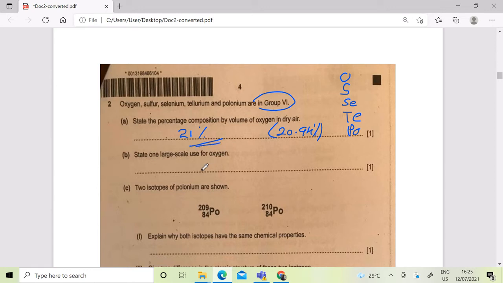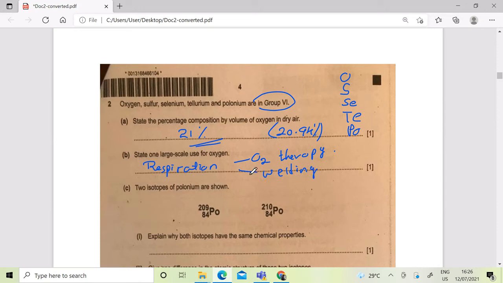State one large scale use for oxygen. So there are so many large scale uses. The main thing, I should go for respiration. One example for the main use is respiration. In addition to that, commonly write oxygen therapy would be okay. And we use the oxyacetylene flame in welding, so just write welding will be enough.